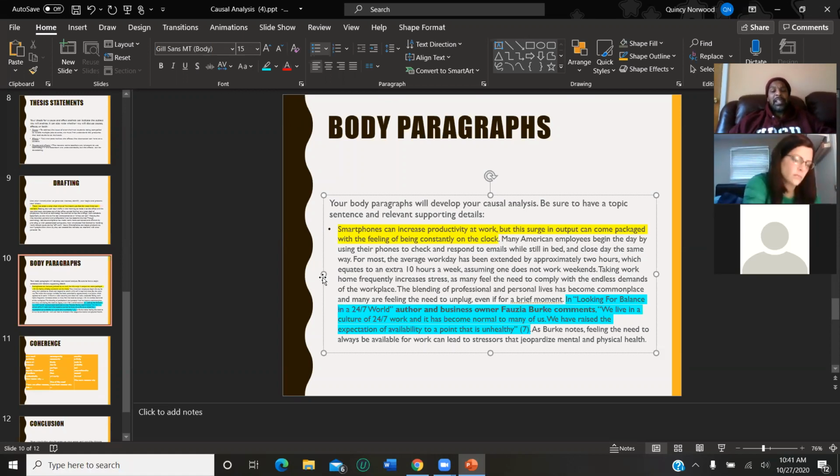So try to get that really between 10 and 15% is the sweet spot, but definitely try not to go over 20%. All right. If yours is over 20%, either you've overquoted, or you can keep the amount of quotes. You just need to add more of your original wording into that essay.